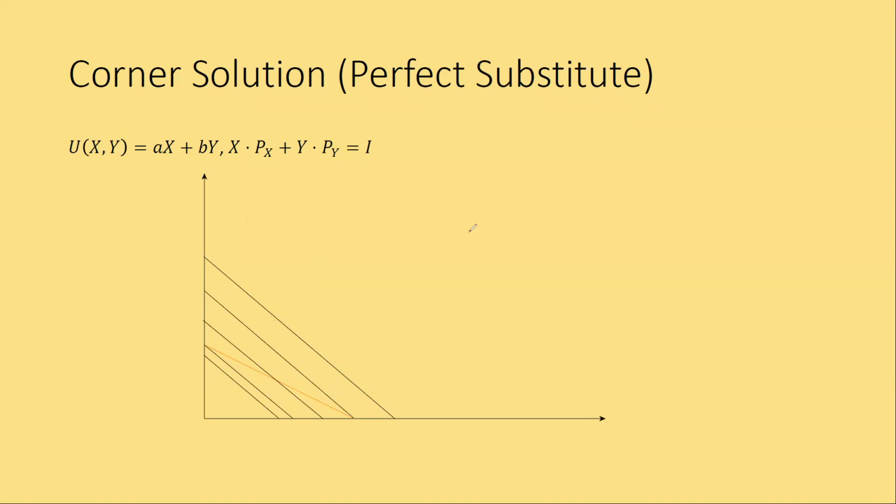All right, and let's recall what we are looking for. We are looking for a point that is on the budget constraint and that is also on the highest indifference curve possible. So if we look at this graph, let me mark 3 points again. This is point A, this is point B, and this is point C. We can observe that as we move away from point A towards point B, and then towards point C, the level of utility the consumer obtains is increasing, right?